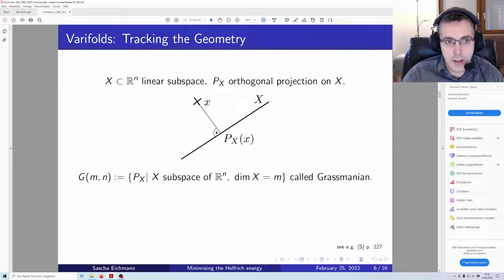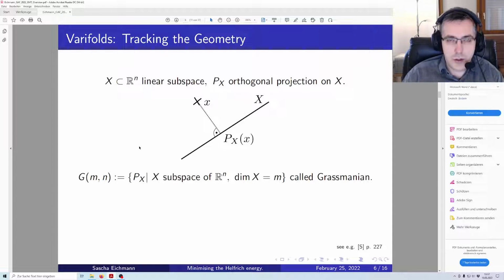You take a linear subspace X, and then you take the corresponding orthogonal projection pi X, and then you say the set of all subspaces of a given dimension is the set of all orthogonal projections.